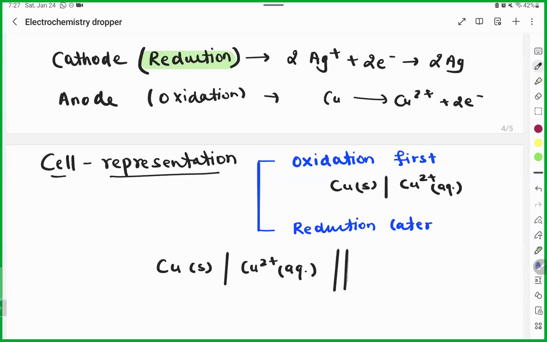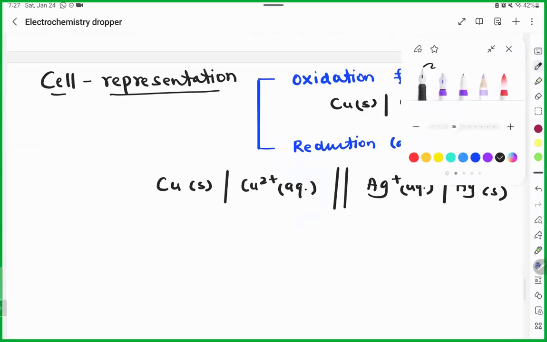No, sir. The single lines, I remember reading it somewhere. They called them phase boundaries in some reference notebook. Hmm. And here, this Ag positive aqueous will undergo reduction and Ag positive will convert into Ag. Got it? This is the cell representation.